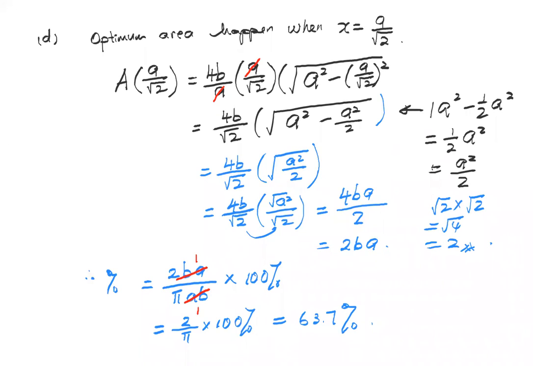Are you clear? So you have to trust the question that it can work, even if you don't know what is the value of a, what is the value of b. That is how maths works. If you know your method is correct, at the end of the day, you surely can get the answer.